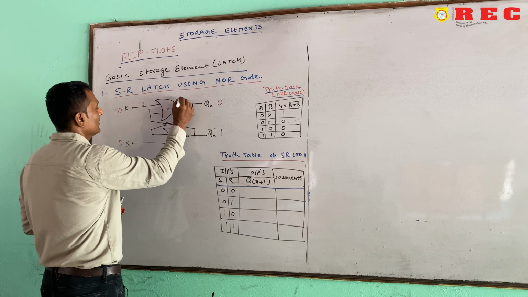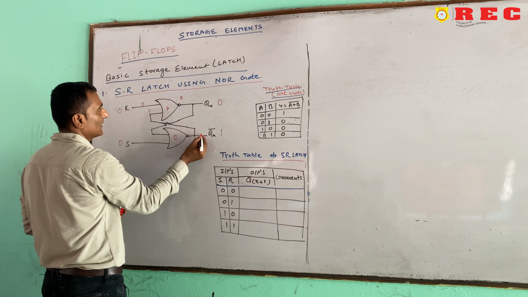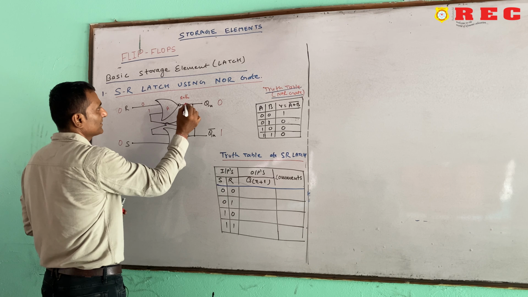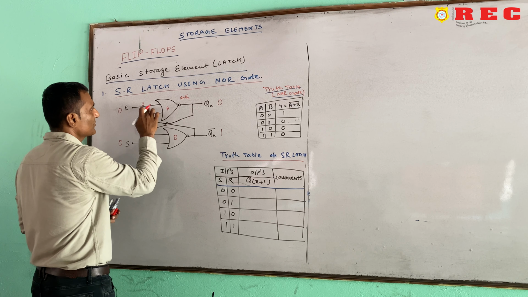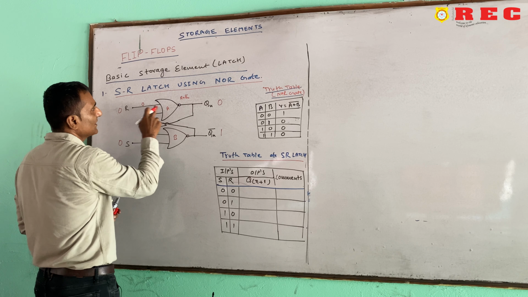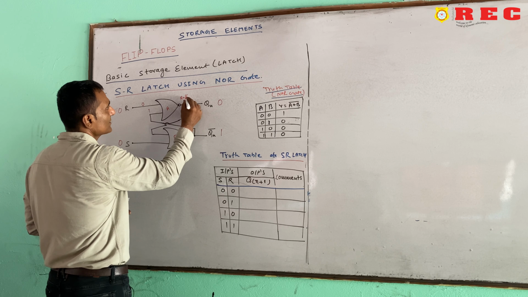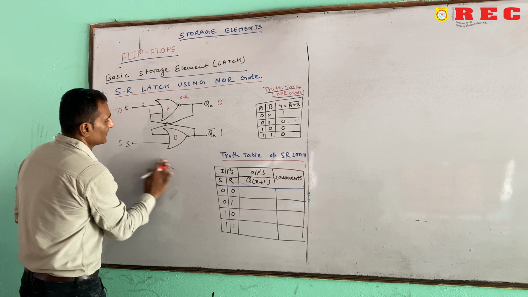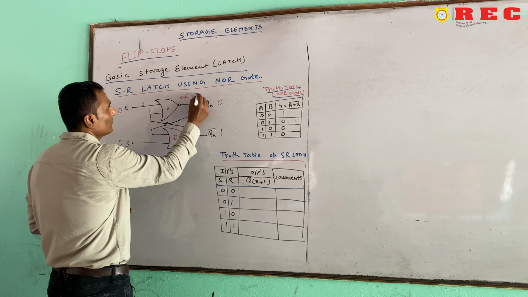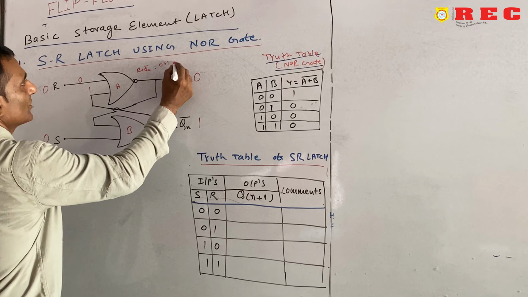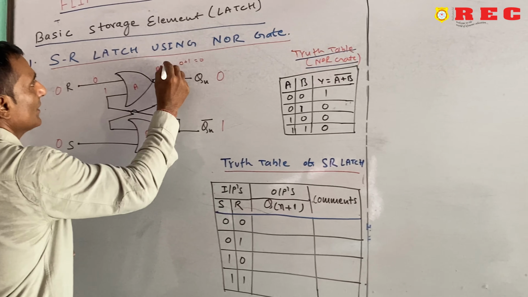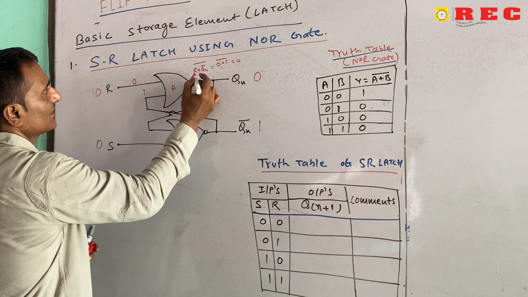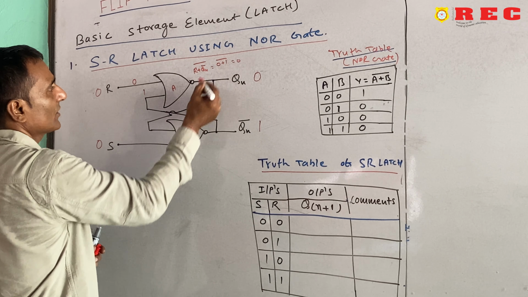Here is R and this is plus Qn complement. So, 0 plus 1 is equal to 1, and again the whole complement, because the NOR gate formula is A plus B whole complement.